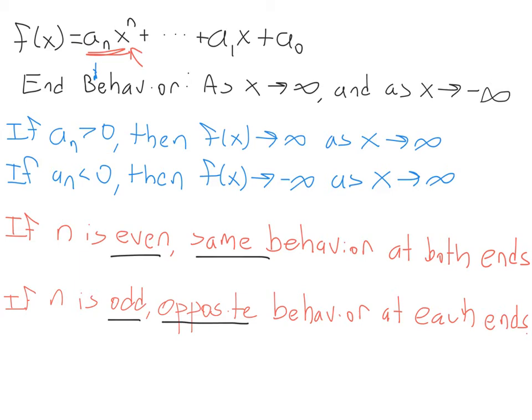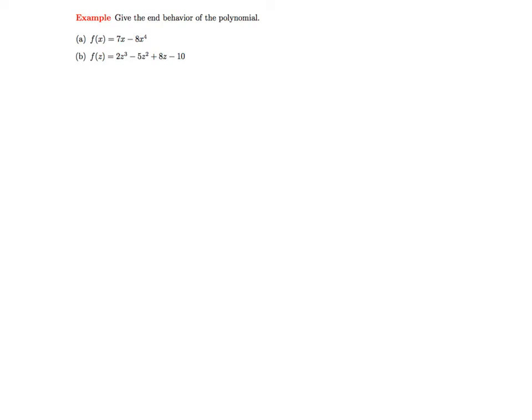So let's take a look at an example. So as we just discussed, to identify the end behavior, the key here is to identify the leading term. So in part A, we have f of x is equal to 7x minus 8x to the fourth. And so here the leading term, right, that's the term with the highest power.